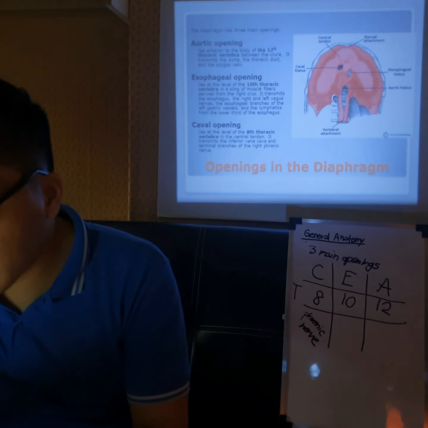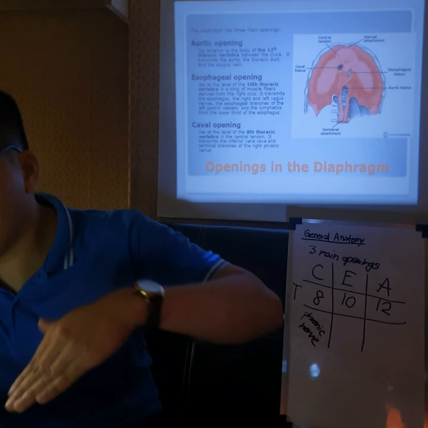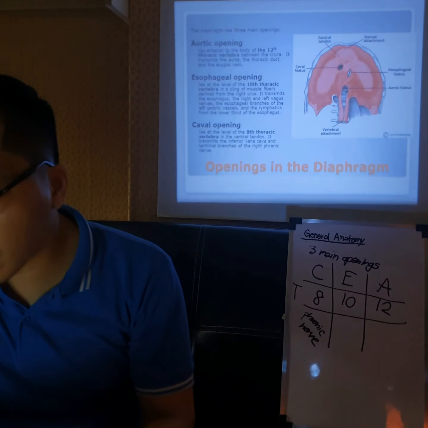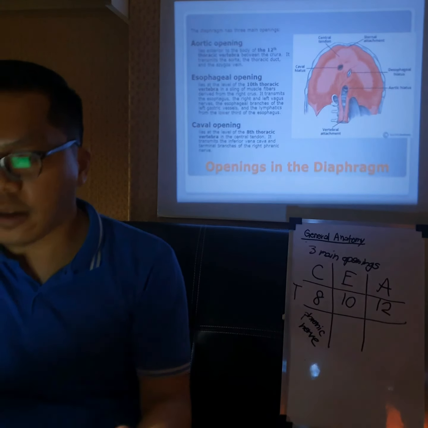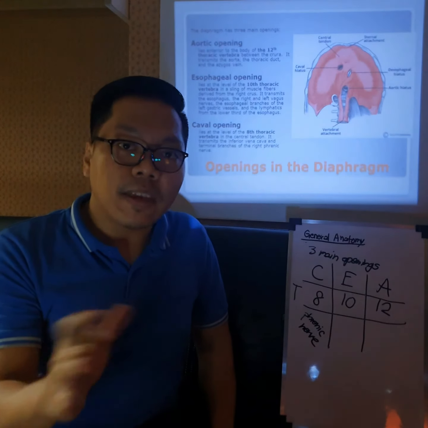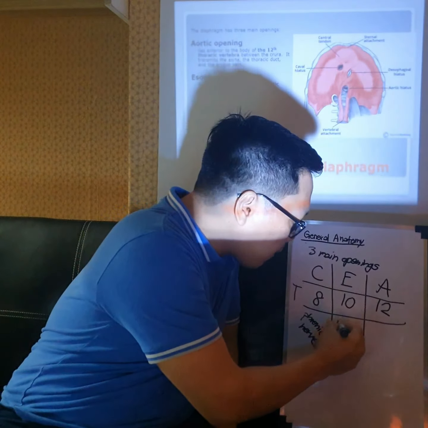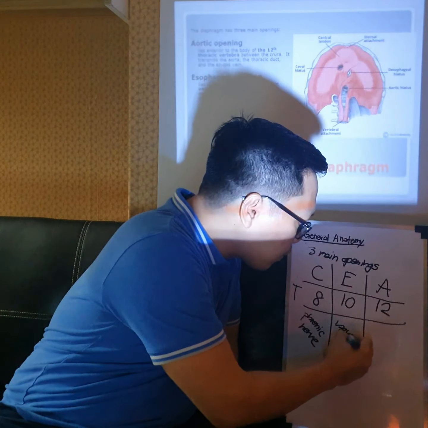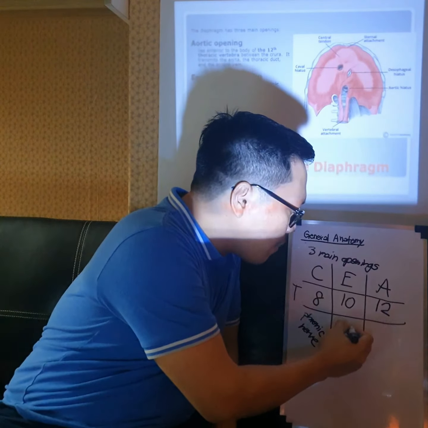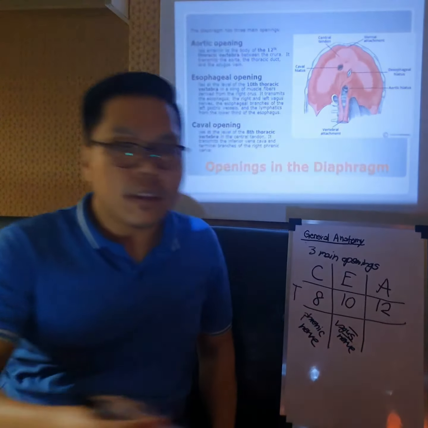For the esophageal opening naman, what other structures pass through besides yung esophagus? Ito, medyo madali lang. So, esophagus, vagus. Okay? Vagus nerve. So, pareha silang merong us sa pangalan.